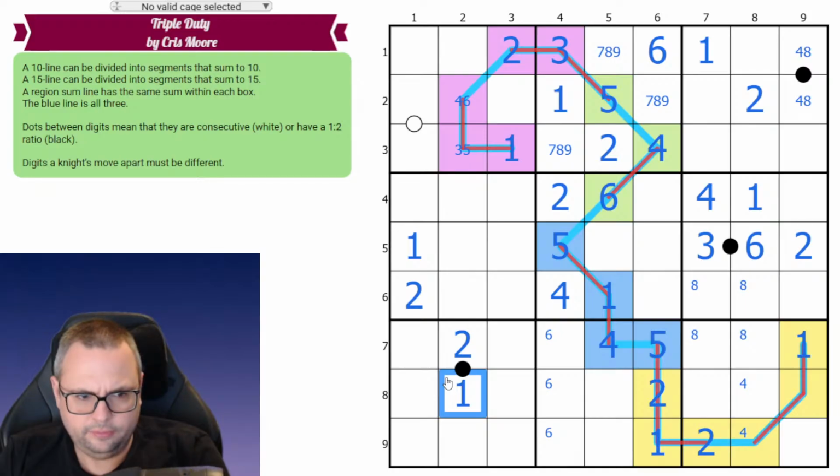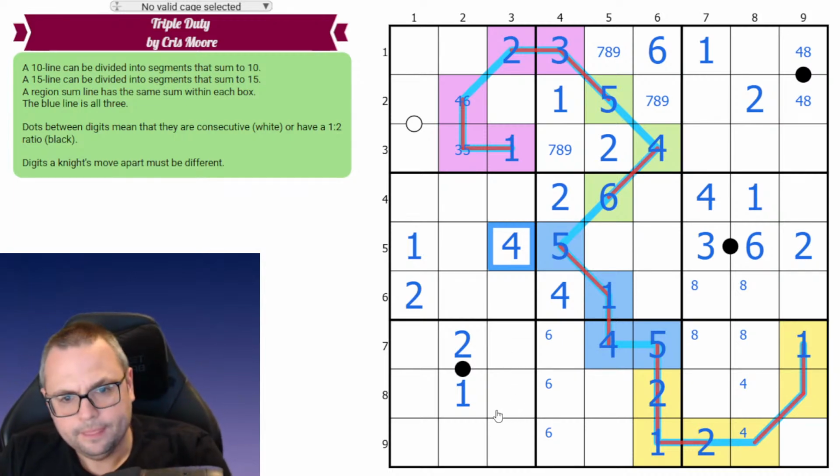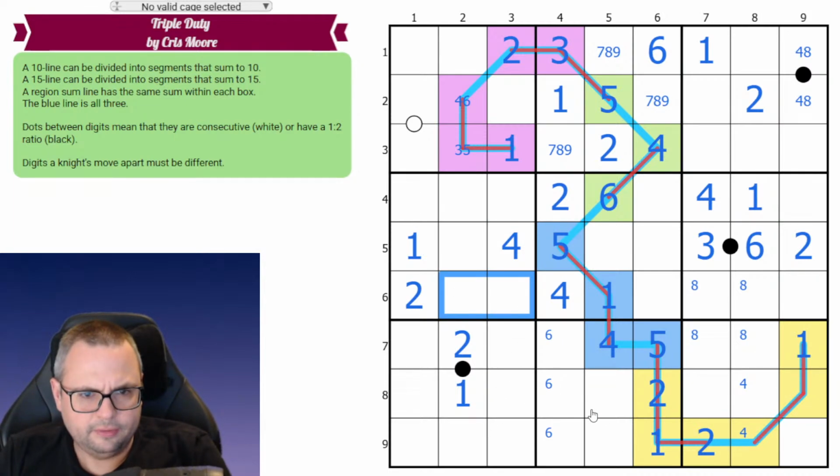4 in box 6, I think I have. 4 in box 4, though, I think we have now. Let's see. 6 in this box is one of these two places, but I don't know which. Let's see. 5.